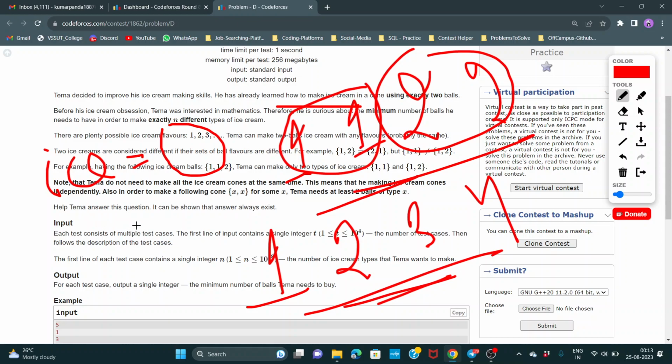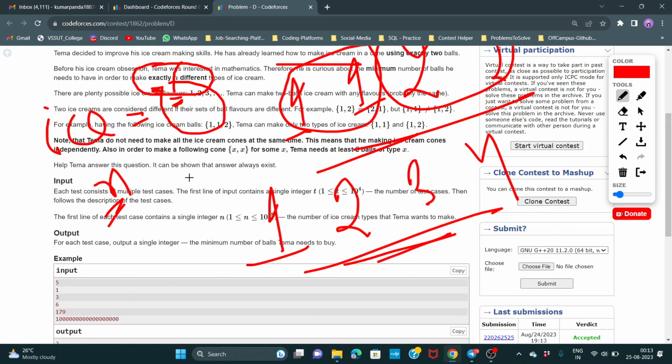In this problem you are given an integer n, and you have to make exactly that number of different ice creams. You have to notice that word exactly, because during the contest I did not read it carefully, so I wasted a lot of time. So you have to build exactly n different ice creams.